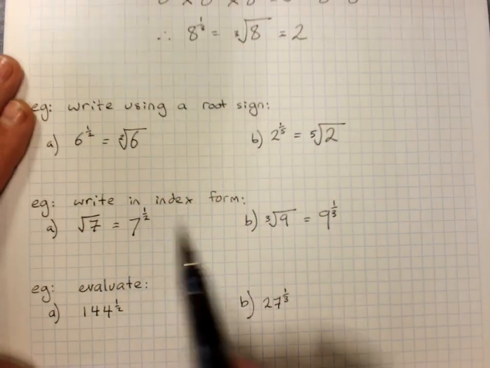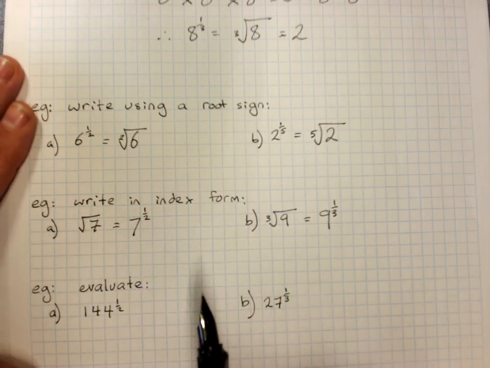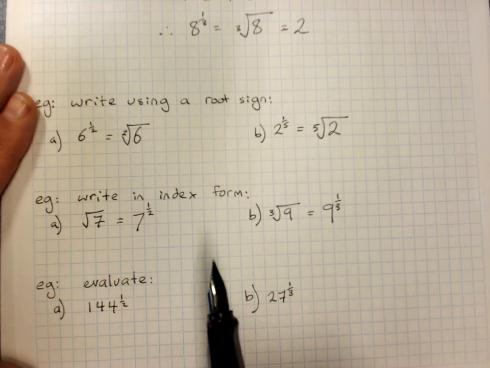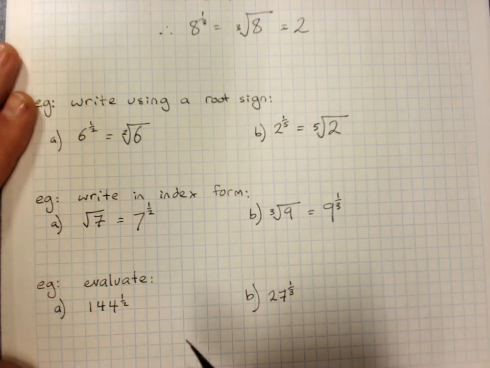Now, because we can shift quite easily between fractional indices and surd form, we can choose the form that is most helpful to us for evaluating.